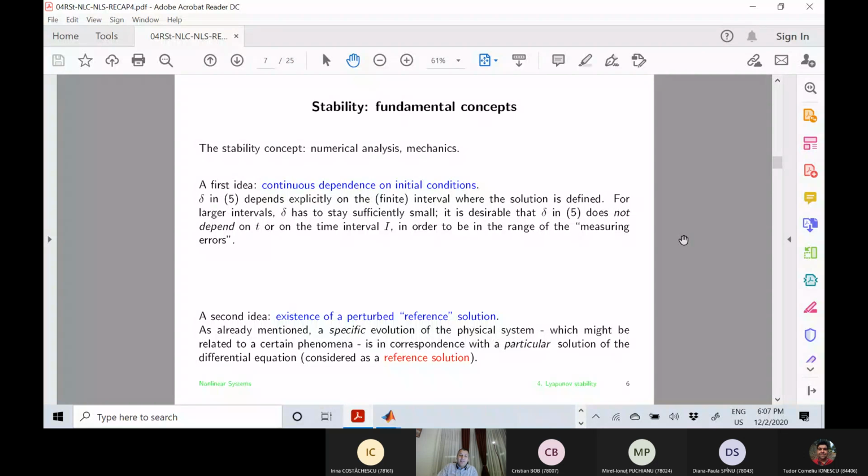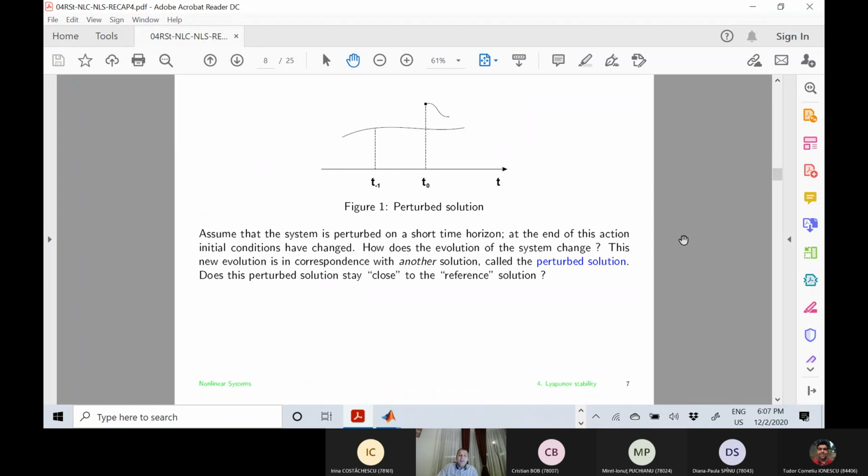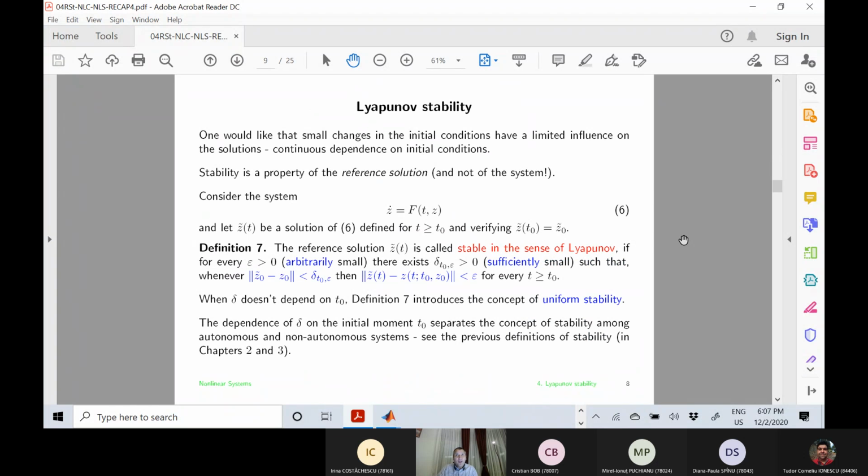our stability concept does not look for inputs and outputs and boundedness of signals, but rather defines stability as the property of a certain particular solution of the system of differential equations, which in our case is of the form 6.